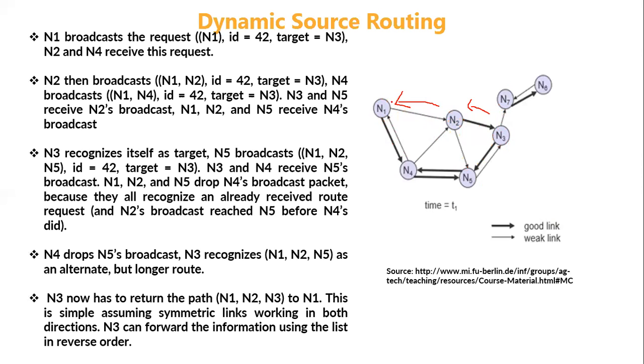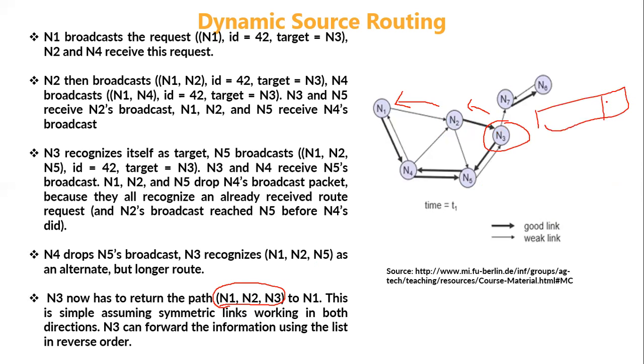Whatever algorithm we have discussed will only find the path from N1 to N3. If it is symmetric links, then the same can be used for the reverse path also. If it is asymmetric, then N3 also should again run the algorithm. N3 should broadcast that it wants to find a path to N1.